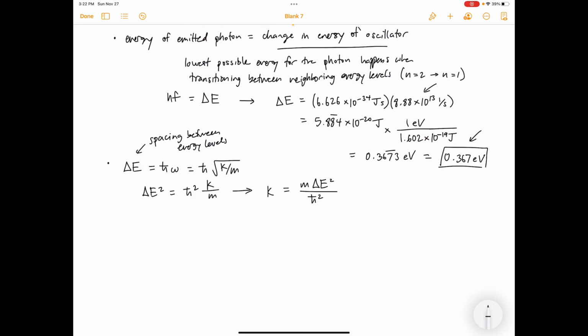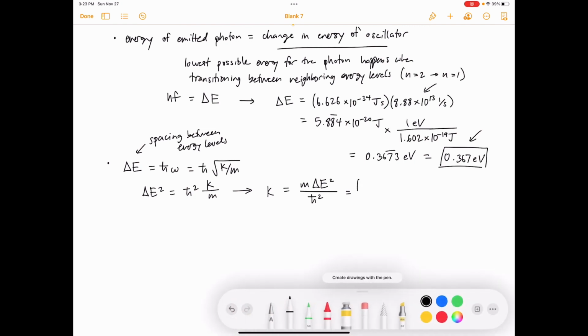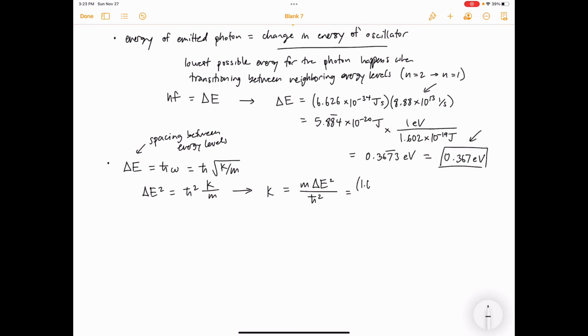So we can plug in the numbers. So m is the mass. That's going to be the mass of our hydrogen atom. That's the only one that effectively is moving. And that is 1.67 times 10 to the minus 27 kilograms. All right, delta E is what we just found. That's 5.884 times 10 to the minus 20 joules.